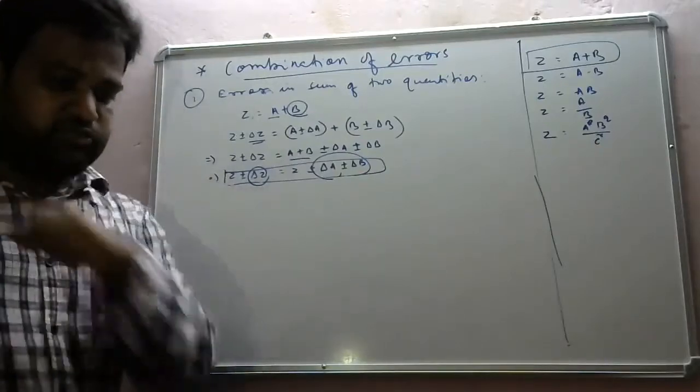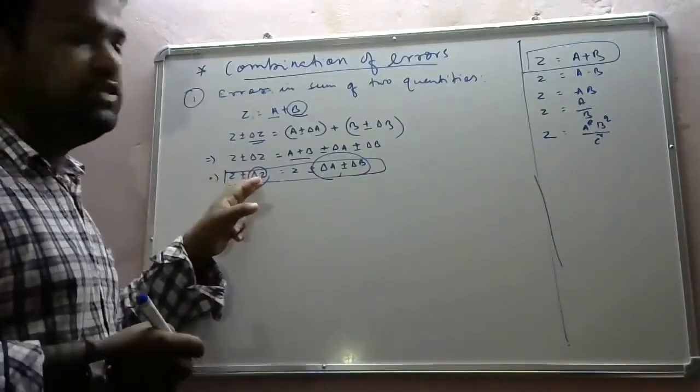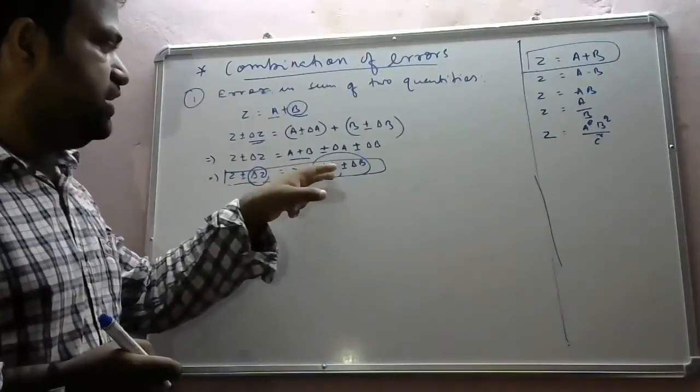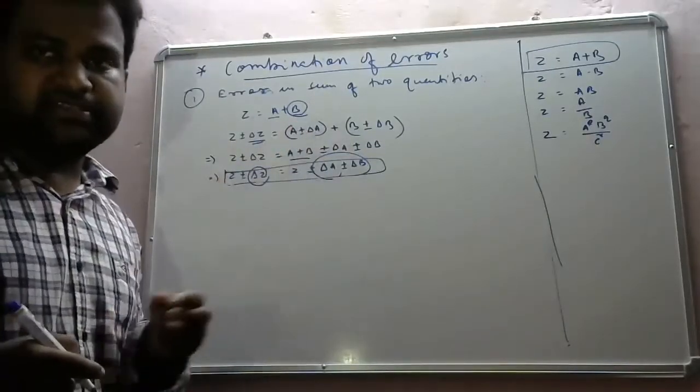Now we are interested in what can be the maximum error in delta Z. If I write delta A minus delta B, it cannot be the maximum.